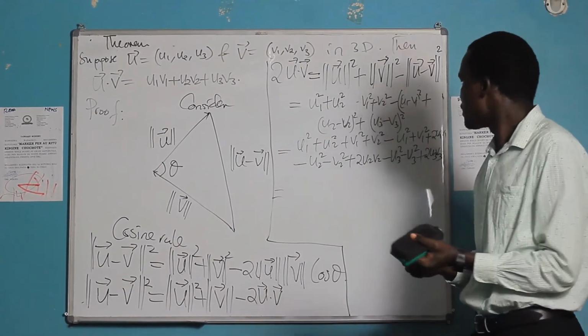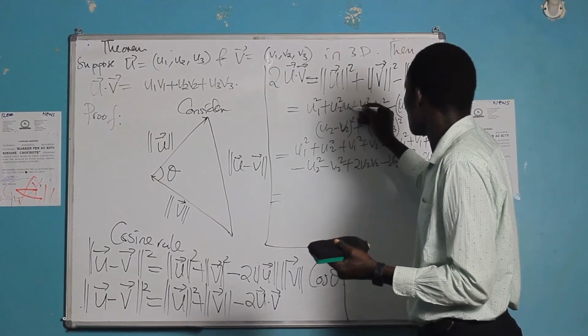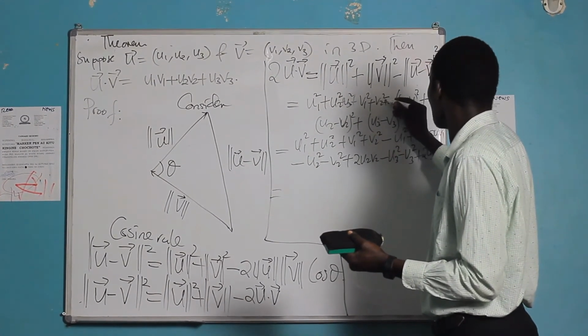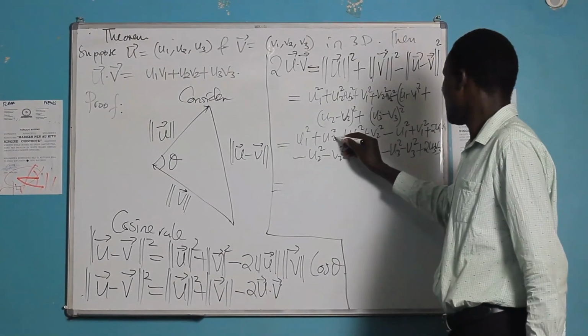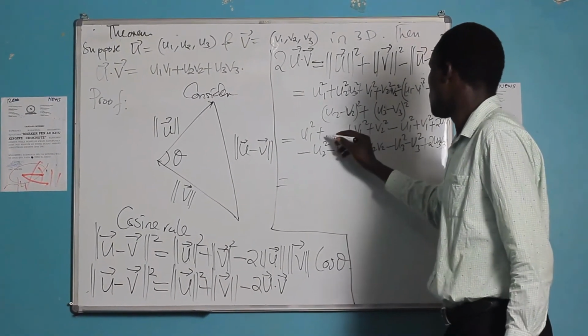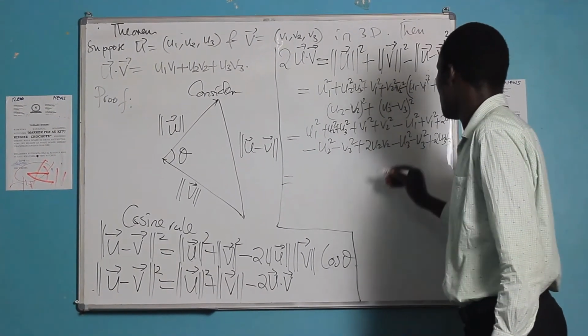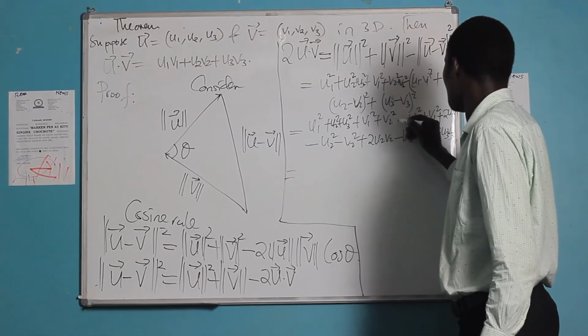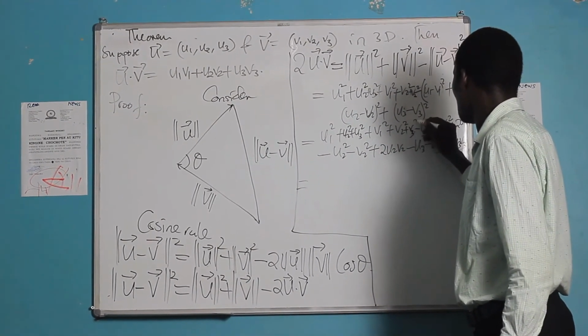Remember that here we are working in 3 dimensions. So here there is also u3 squared, and here there is also u3 squared, and also here there are u2 squared plus u3 squared, and also here there is plus v3 squared.